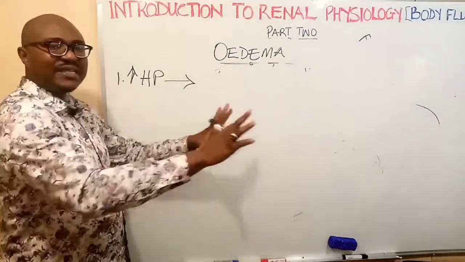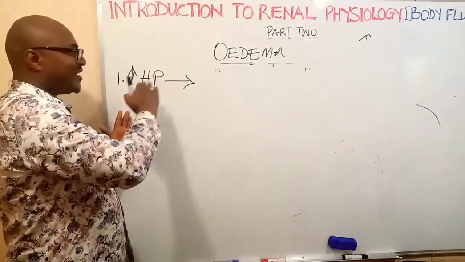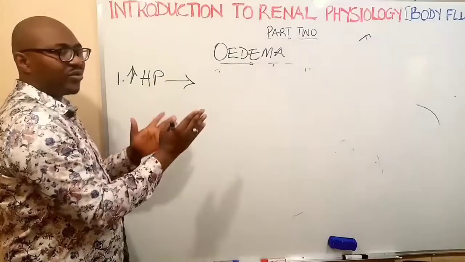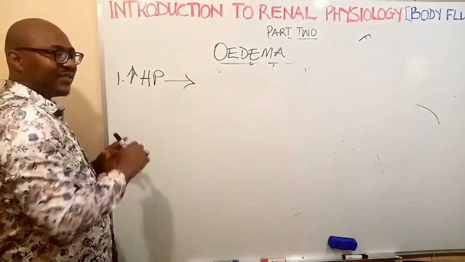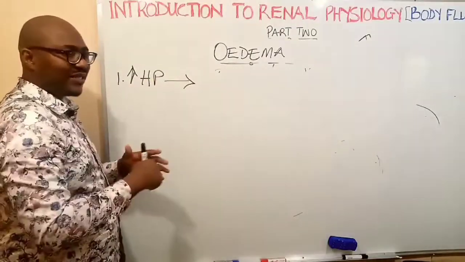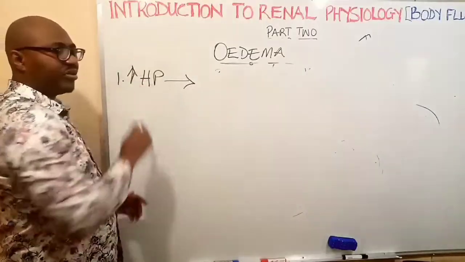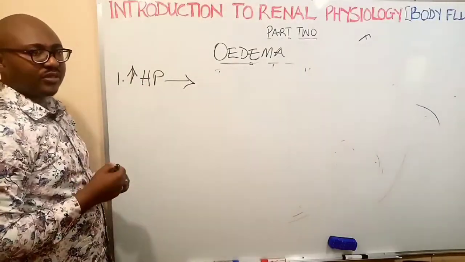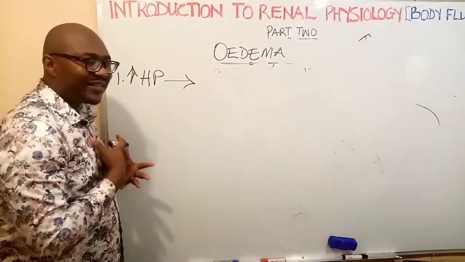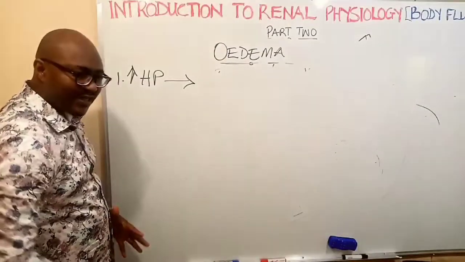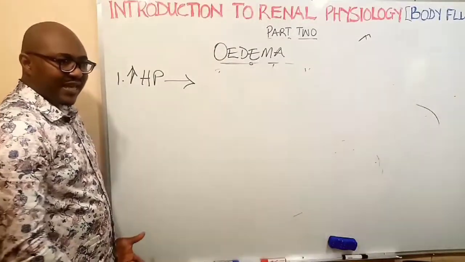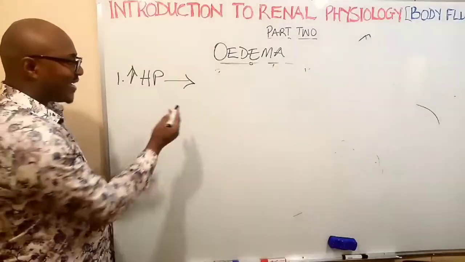It's not releasing enough, so there's accumulation of blood in the veins. When it's so accumulated, it shoots up the hydrostatic pressure. Those people who have heart failure, you see them especially at the feet. They usually have right-sided.